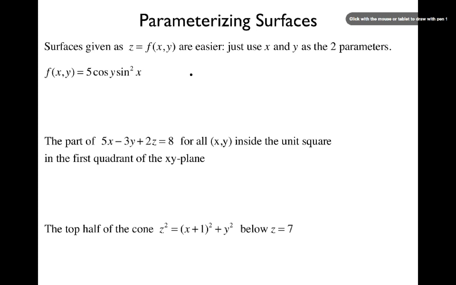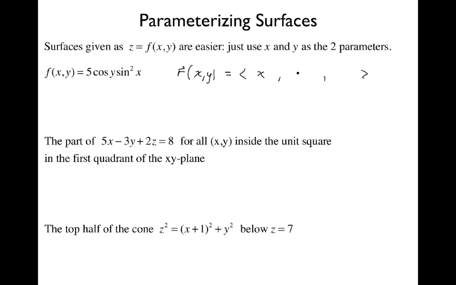So f of x, y, so we can write our vector function, right? Of x and y. In this case, this is in R3, so we have to write the three coordinates, x, y, and z, using two parameters. And like I said, when you have z as a function of x and y, the natural choice here is to use x and y as the parameters.